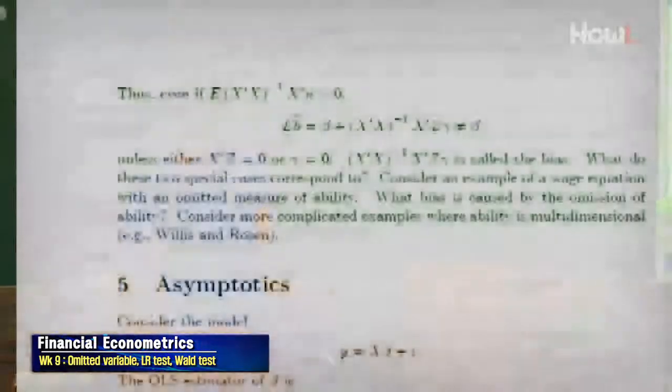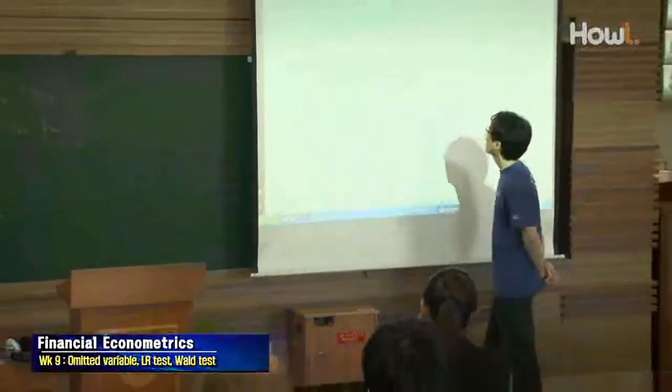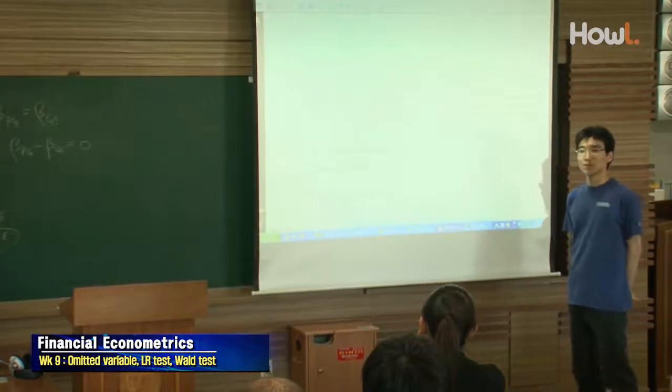And therefore, even if this term is 0, which is our assumption in the usual OLS assumptions, where X and U are uncorrelated, so basically this is 0, because of this other term our estimate of beta is different from the true beta.